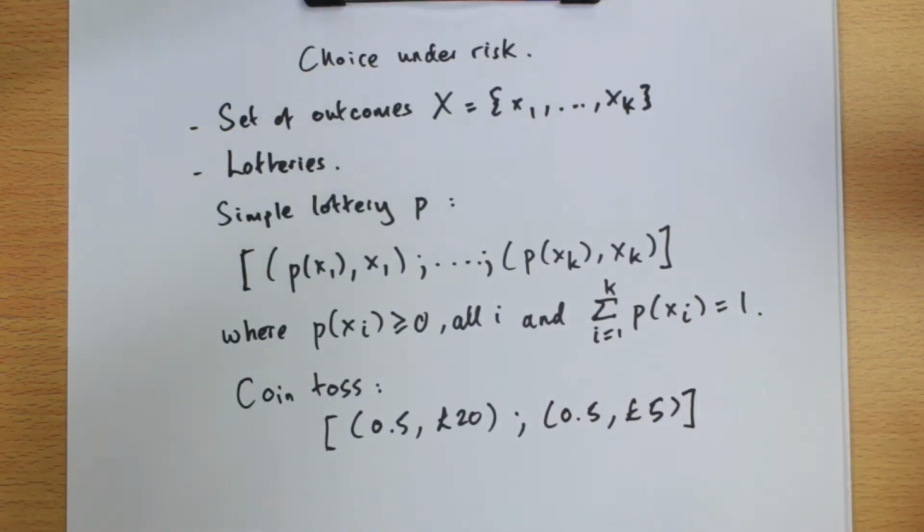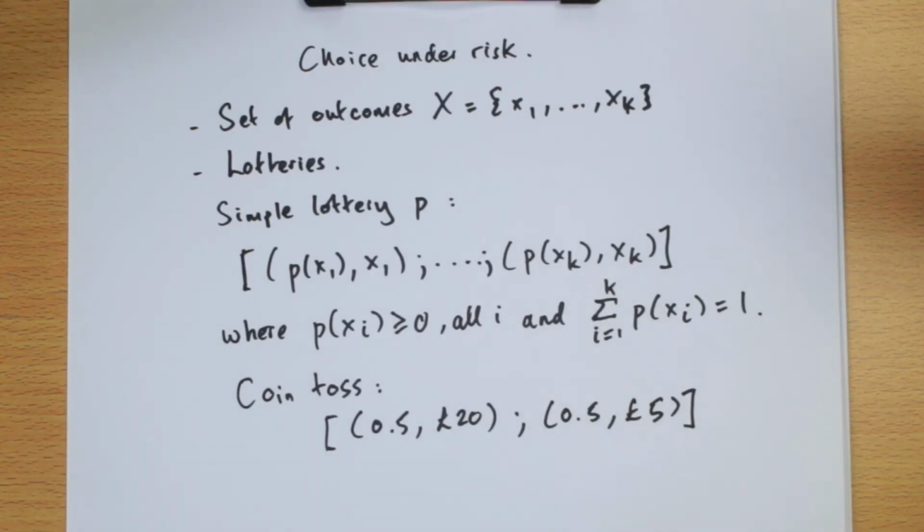So there's an example of a simple lottery. I toss a coin and there are equal probabilities assigned to the two outcomes, either £20 or £5 in this case. That's what we mean by a simple lottery.